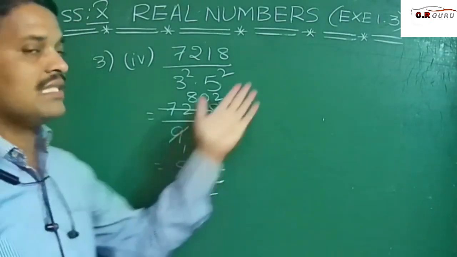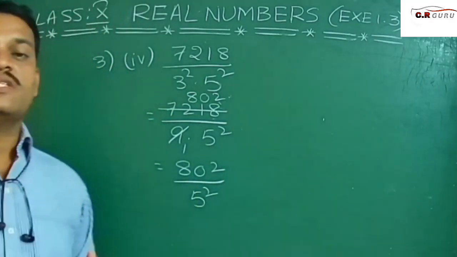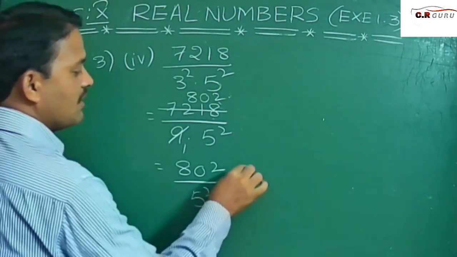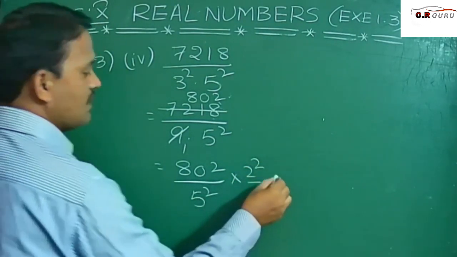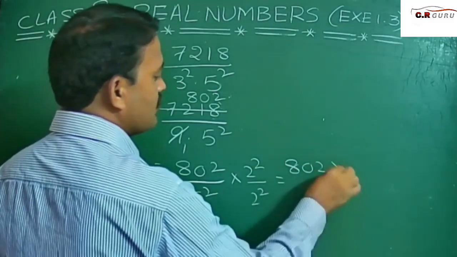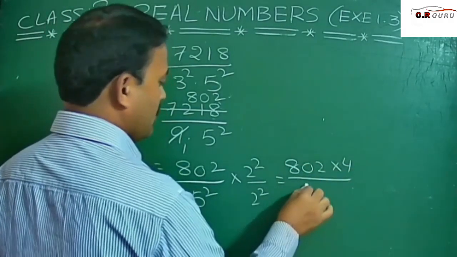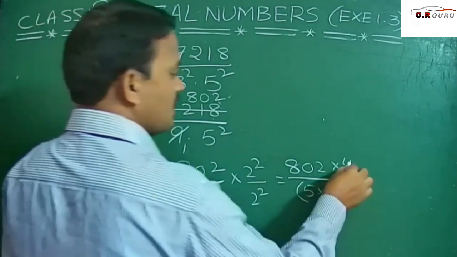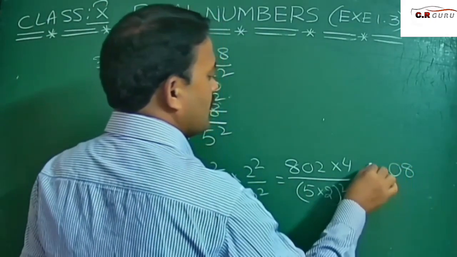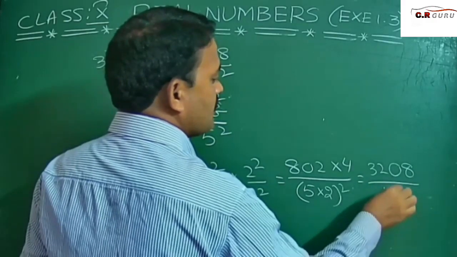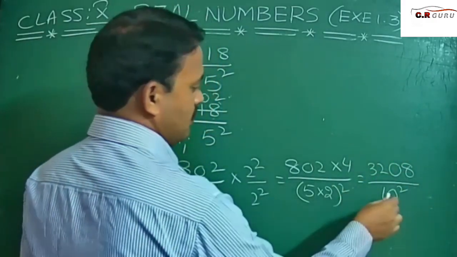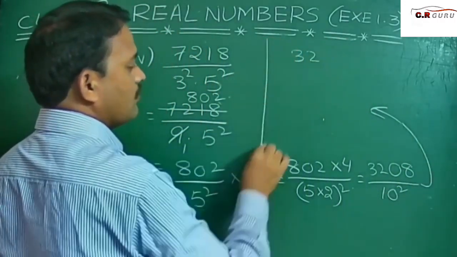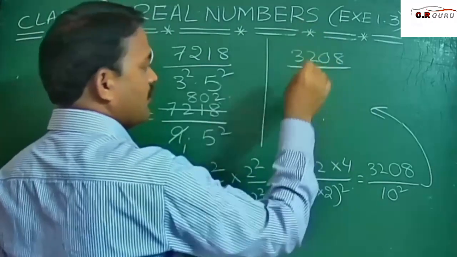Then, using theorem 1.4, the denominator q is in the form of 2 power of n into 5 power of m. It is already 5 square, so multiply numerator and denominator by 2 square. We get 802 into 4 by 5 into 2 whole power of 2. 802 into 4 is 3208, by 10 to the power of 2, so 3208 by 100.